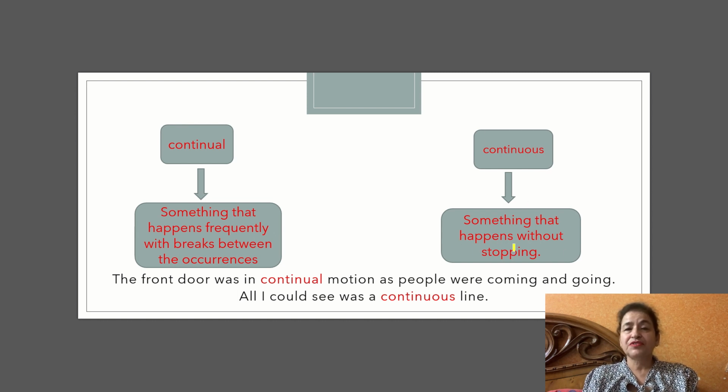So the sentence for the first one is: the front door was in continual motion as people were coming and going. And the second is continuous: all I could see was a continuous line.